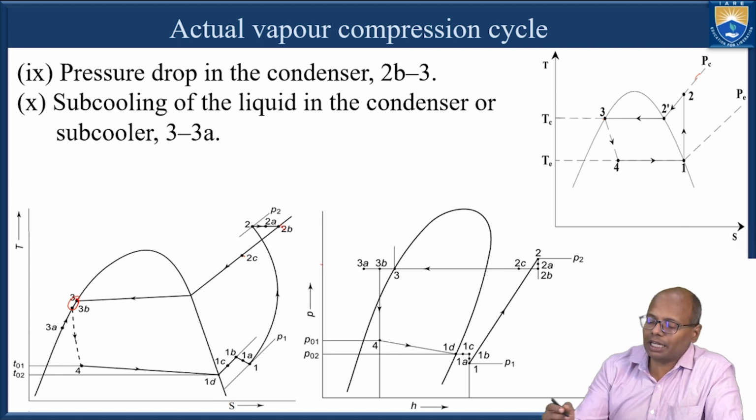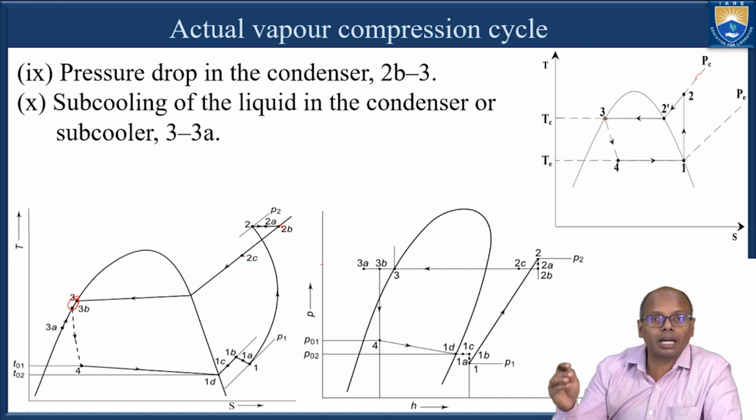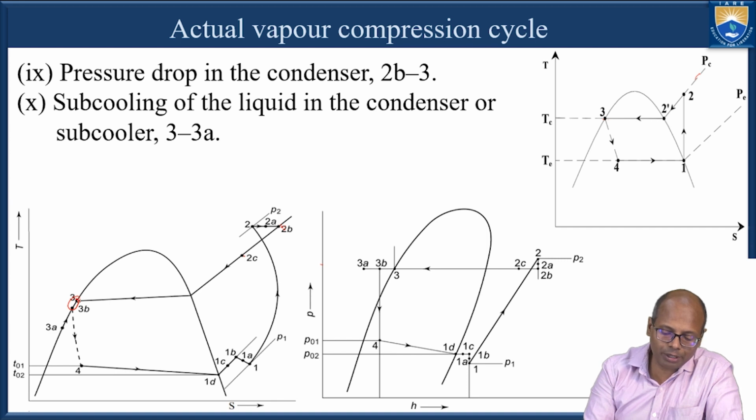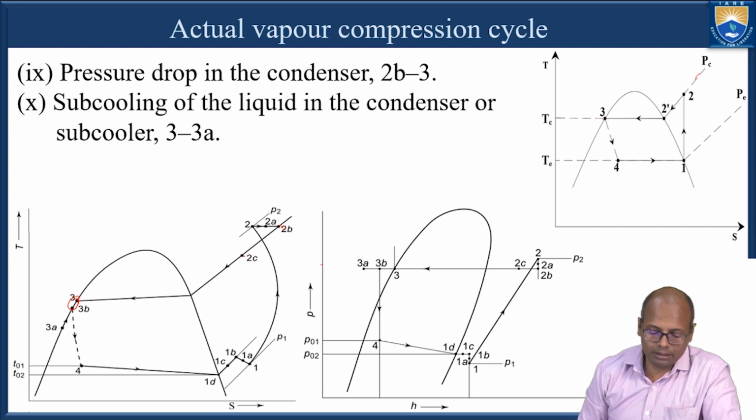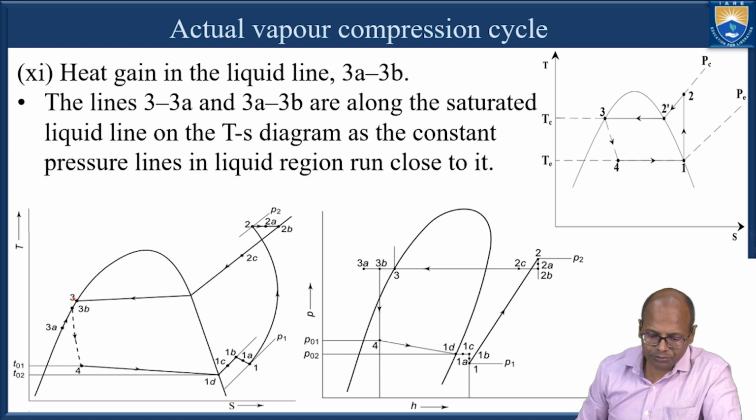So there is a subcooling effect in the condenser. Okay, and that is represented by 3 to 3A. So this is the subcooling effect.